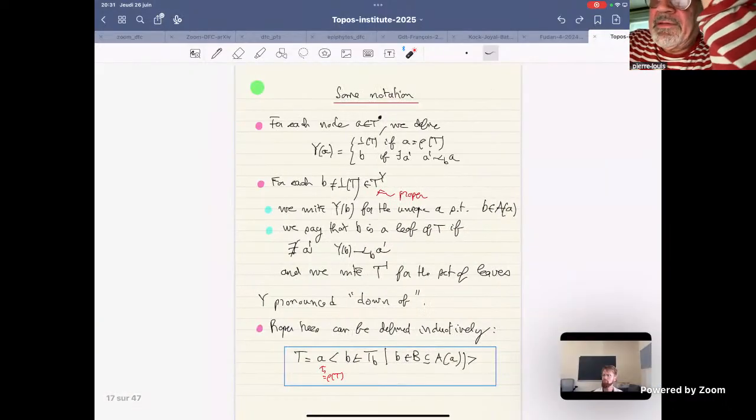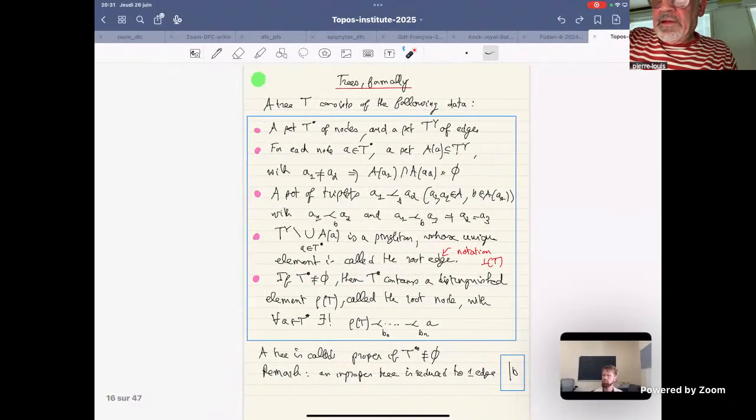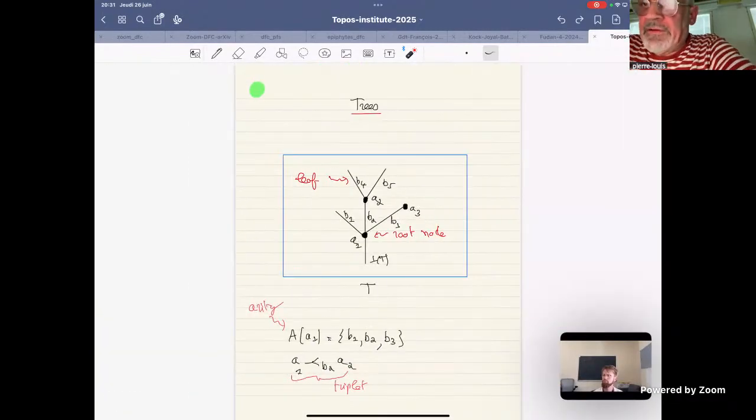And this symbol is overloaded in the sense that I use it for a node to describe its output edge, okay? And so the output edge of A2 is B2. The output edge of A3 is B3. And the output edge of A1 has a special name, so we call it bottom of T.